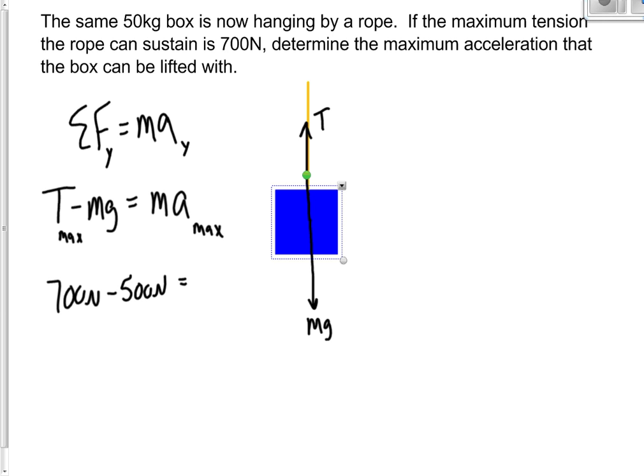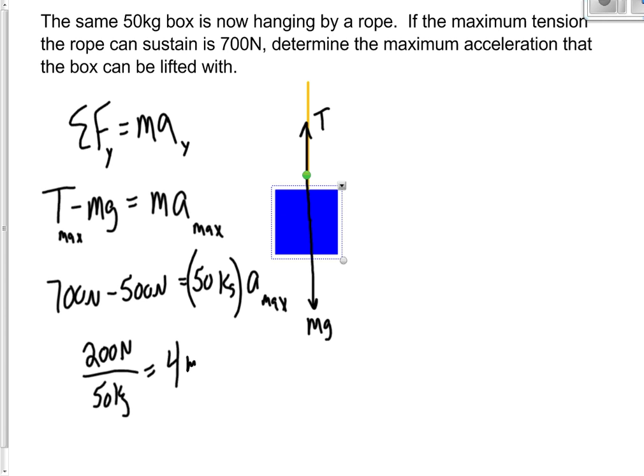Has to equal 50 kilograms of mass times this maximum acceleration. So if I work this out, I get 200 newtons over here, which is my net force. 200 newtons of net force acting on a 50 kilogram mass means that I can only accelerate at a maximum 4 meters per second squared.